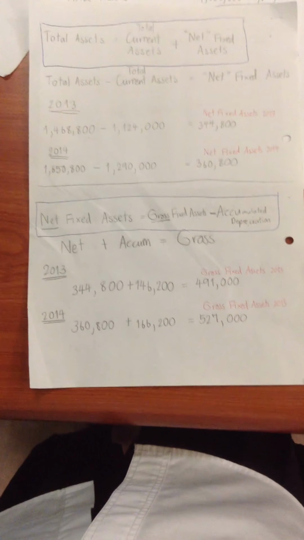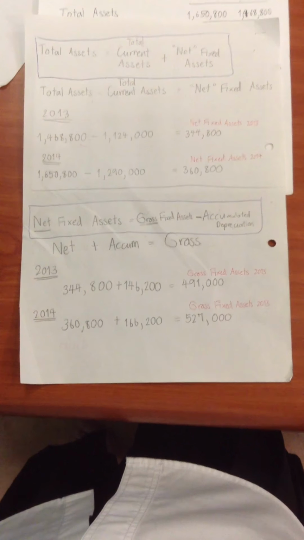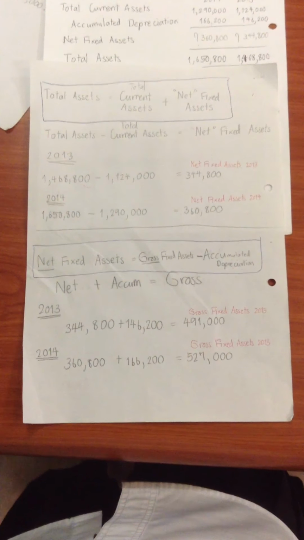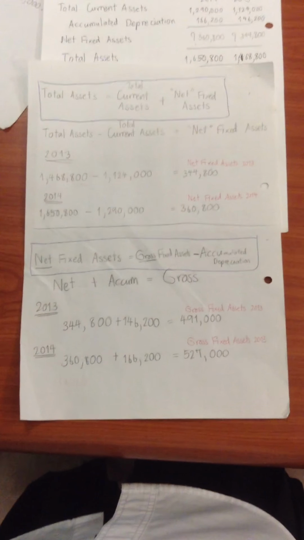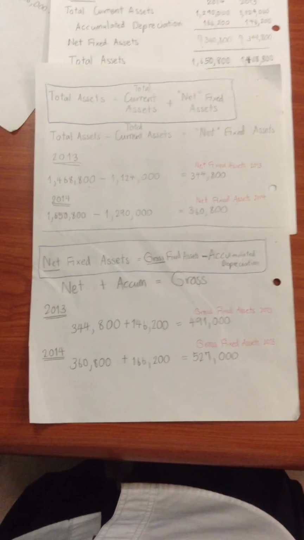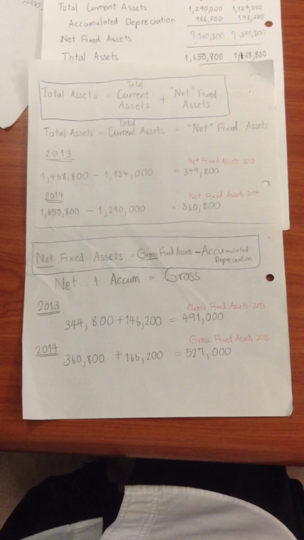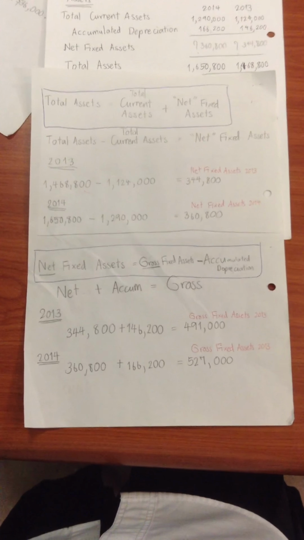And then for the next half, once you have got the net fixed assets, you can get the gross fixed asset easily, because the net fixed asset is gross fixed asset minus accumulated depreciation. So to get the gross fixed asset, you just put the net fixed assets plus accumulated depreciation.